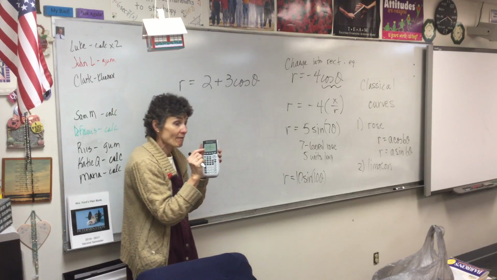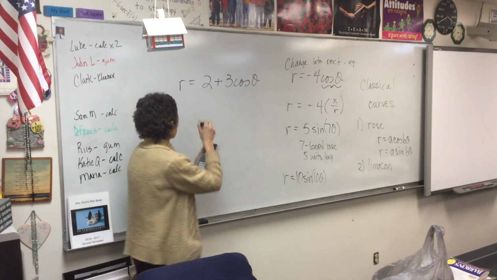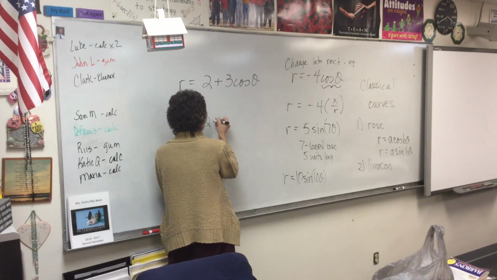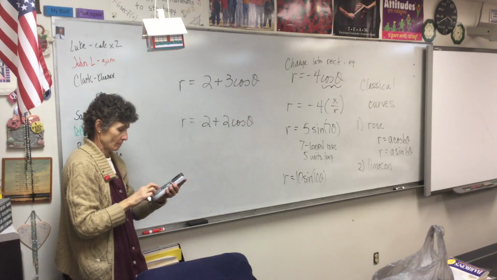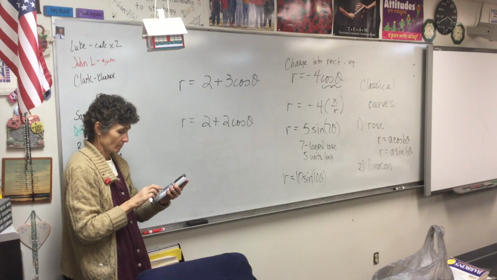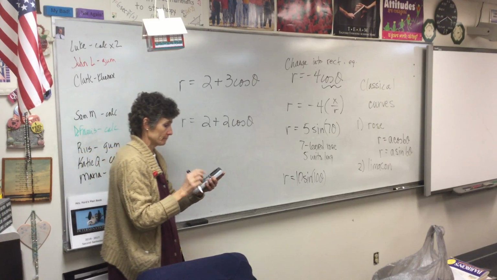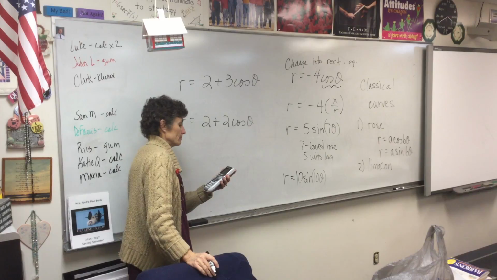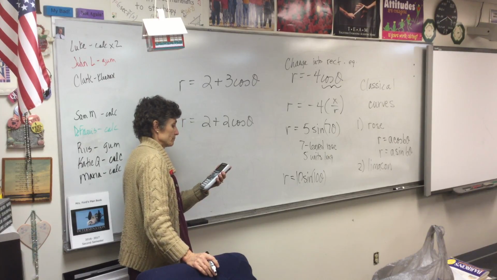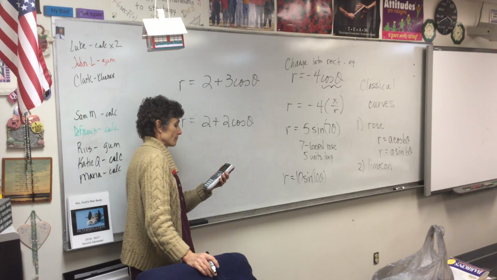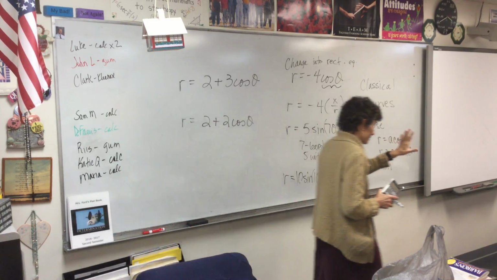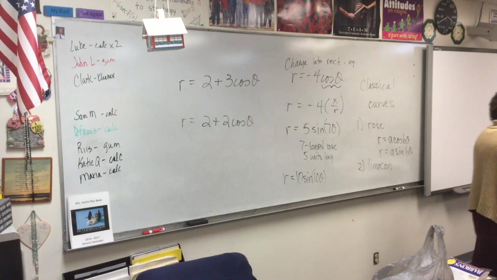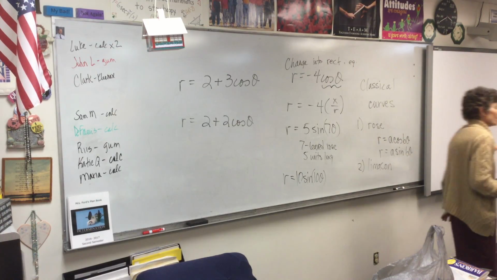They don't all have that. So let's go back and let's type 2 plus 2 cosine theta. Now, that's still a limaçon, but it doesn't have the little loop inside of it.